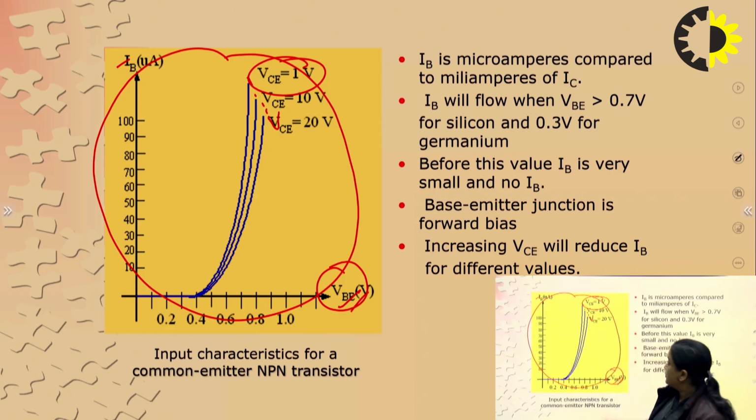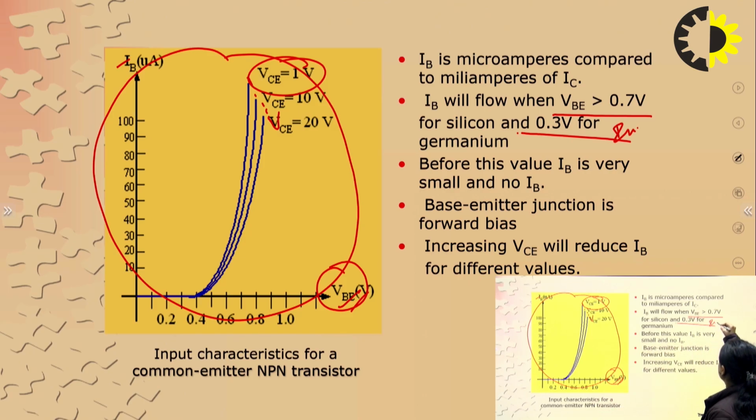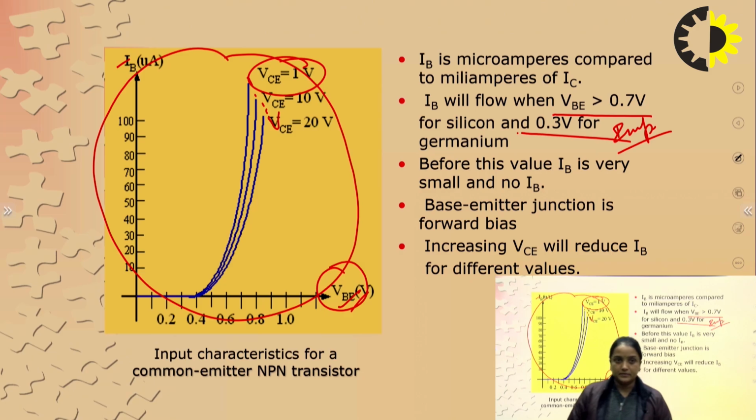One of the most important points is that the cut-in voltage, the knee voltage for silicon and germanium, is very important, and we have to remember it for solving numericals. VBE is particularly 0.7 volt for silicon and 0.3 volt for germanium. That is one of the most important points for the analysis of input characteristics of BJT in common emitter configuration.